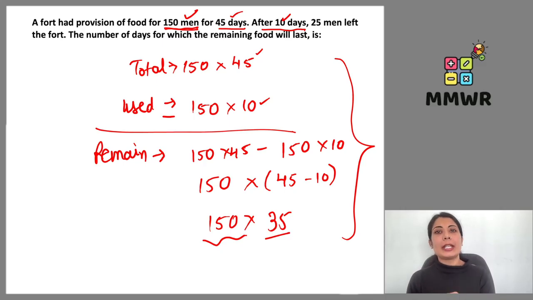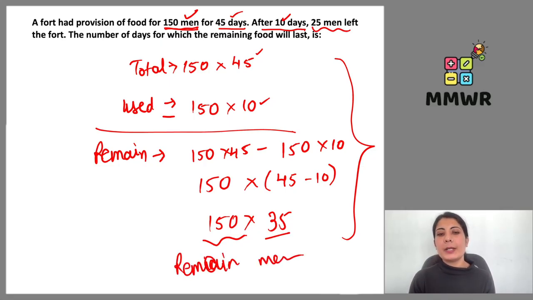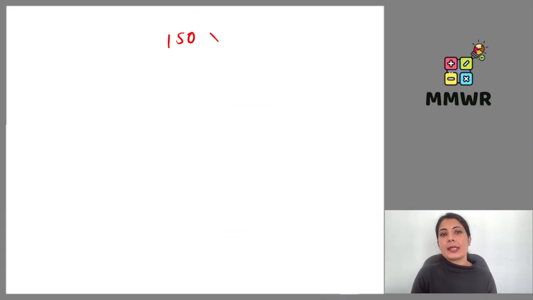Now after 10 days 25 men have left the group, left the fort. So remaining men, how many are there? 150 minus 25 is going to give me 125. Number of days for which the remaining food will last, so what we have to do? Remaining case is 150 multiplied by 35.